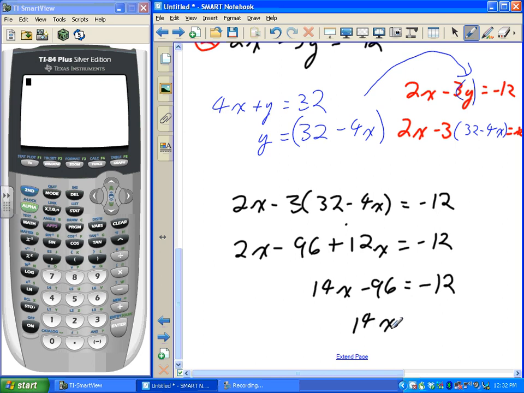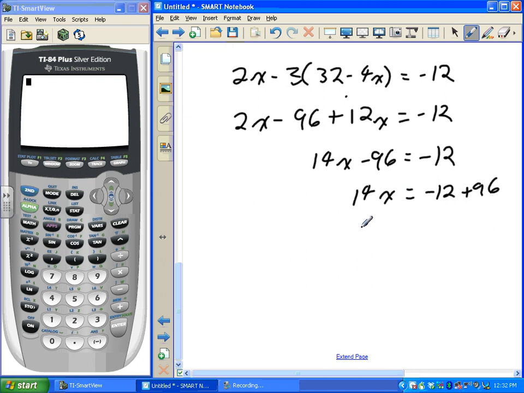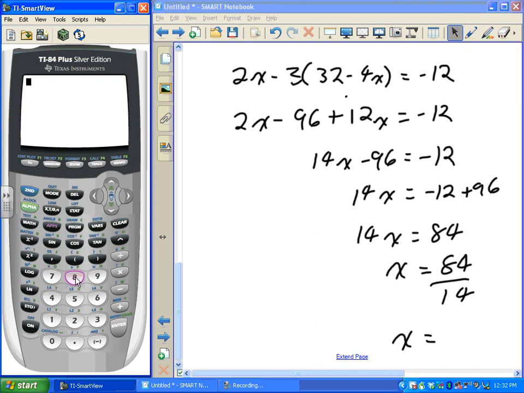When I bring 96 to the other side, it becomes positive. 14x is equal to 84. When I bring 14 to the other side, I divide it. X is equal to 84 divided by 14, 6.